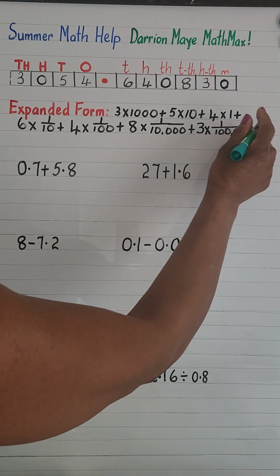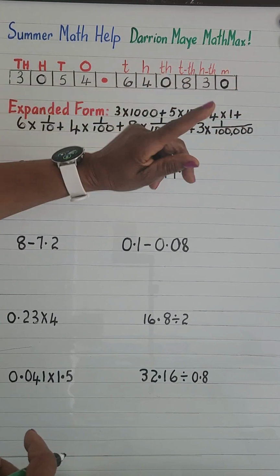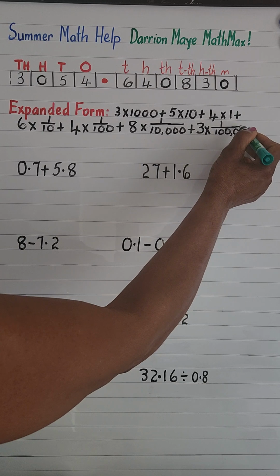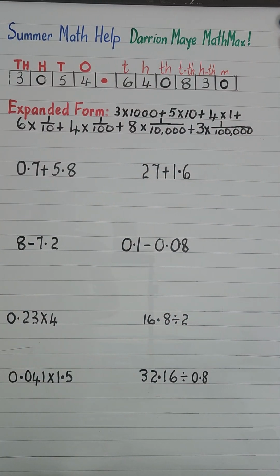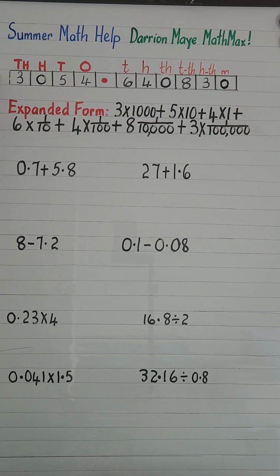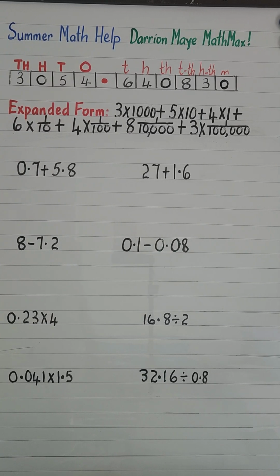And then we have 0 in the millionth, so we have a 0. We don't need to write a 0. And there we have our standard decimal number expressed in expanded form.